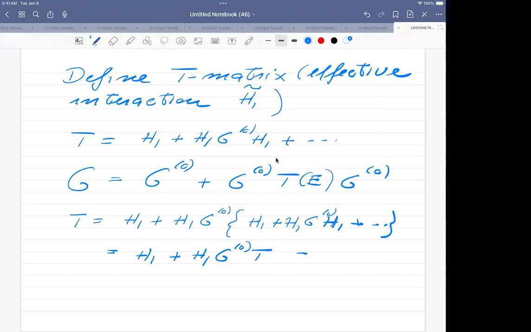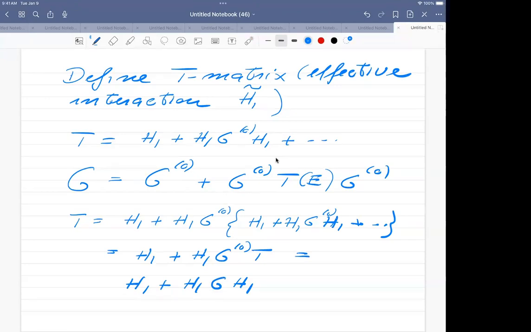And I can actually rewrite this one. It's easy to see how you can rewrite it as H of I plus H of I times the Green's function, if somebody gives me that one, multiplied with H of I. These are just the different ways of rewriting these equations.